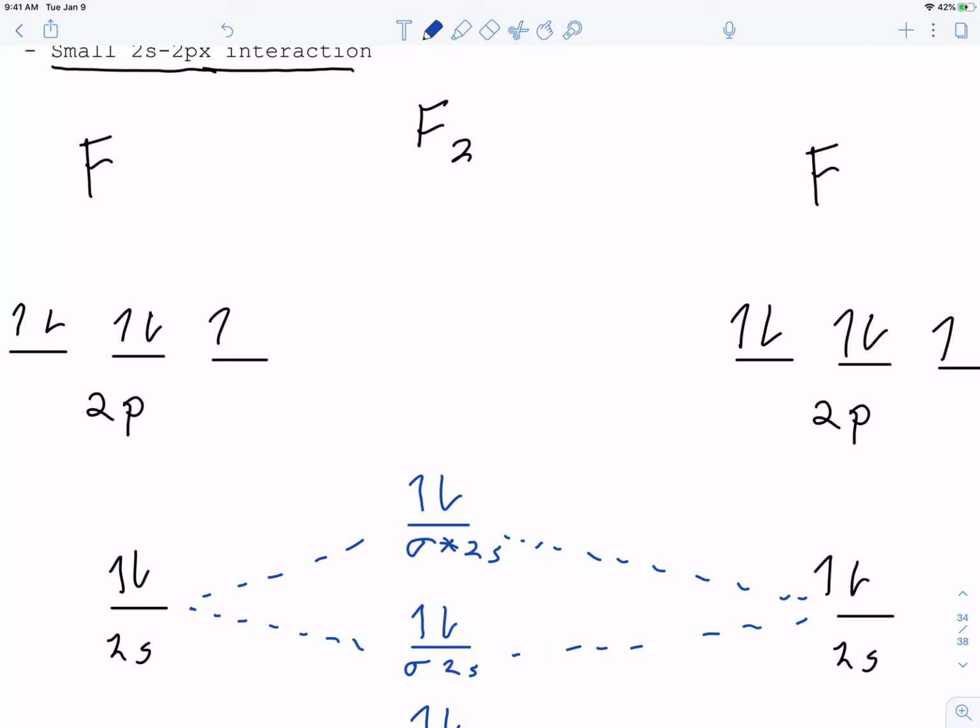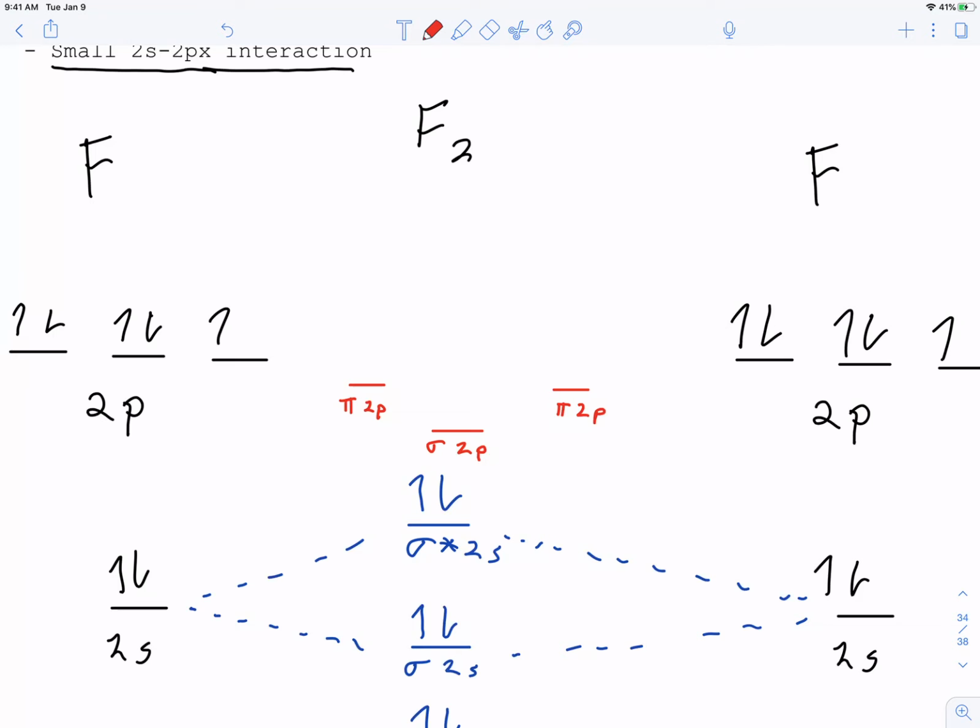So I'm going to put these in a different color. First is going to be sigma 2p. Next, we're going to have two orbitals that are both pi 2p. Those are going to be our bonding orbitals.